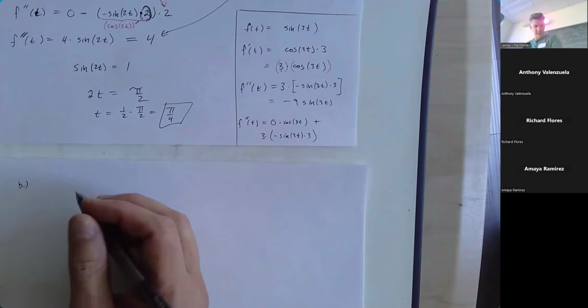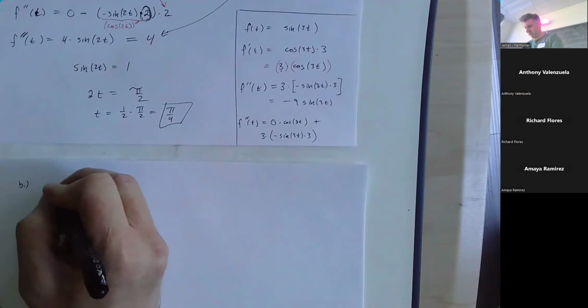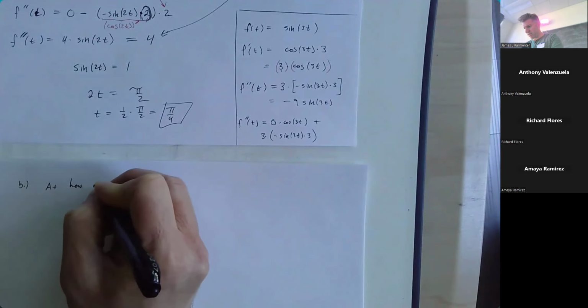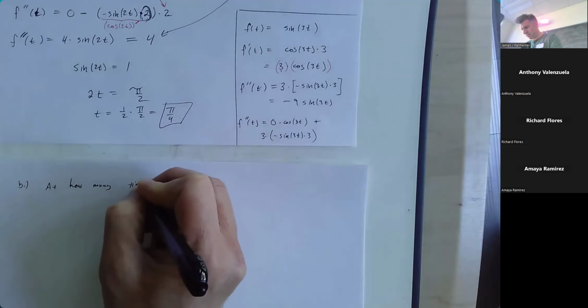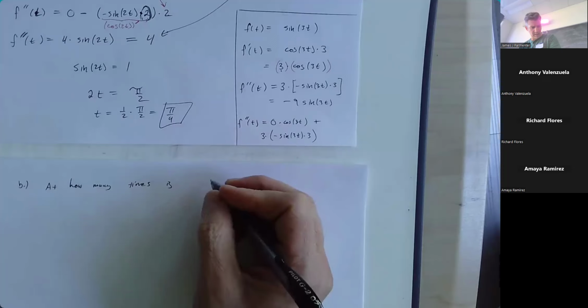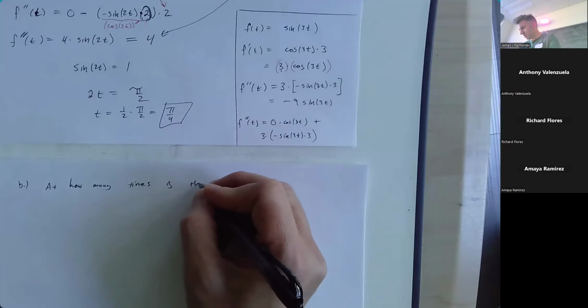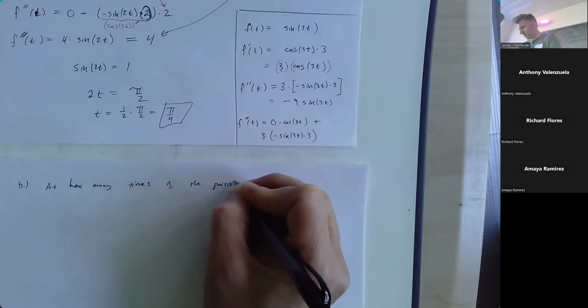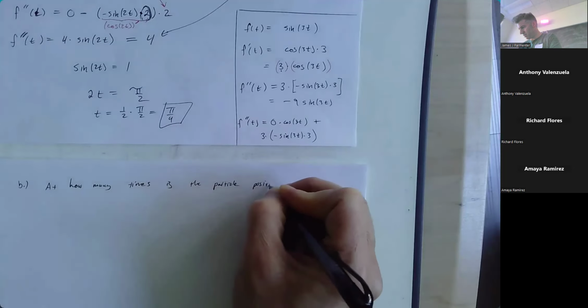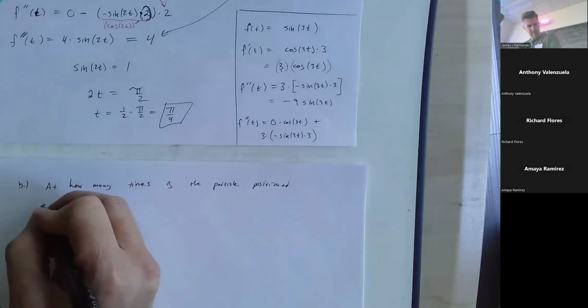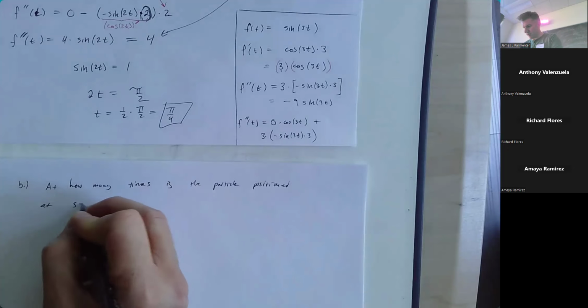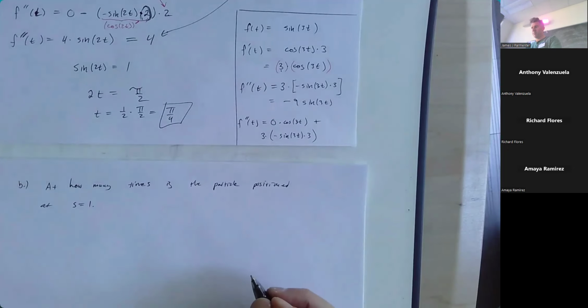So the question is, at how many times is the particle positioned at s equal to 1? So ignoring his solutions for a second, I would think of this as trying to solve.